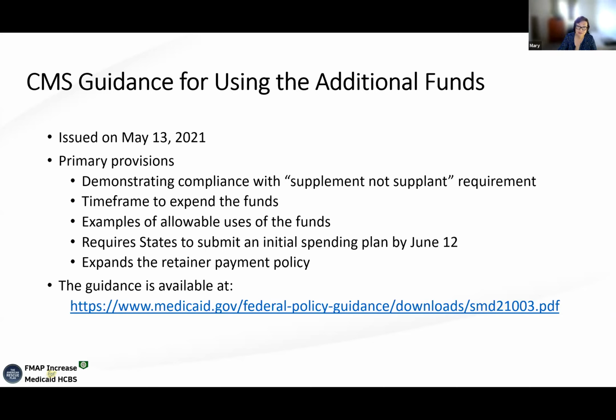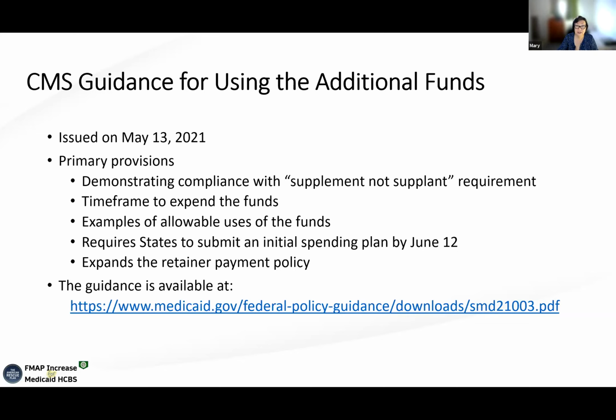So we gave the time frame to collect the funds, but there's also a specific time frame to expend the funds. And then it gave a lot of examples of allowable use of the funds. Then it requires states to submit an initial spending plan by June 12th. So very quick turnaround. So basically, states had a month to develop this plan and also to engage the public, such as what we're doing here before we finalize the plan.